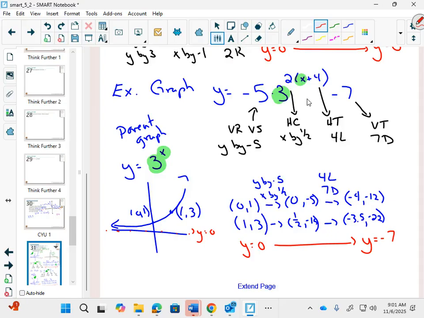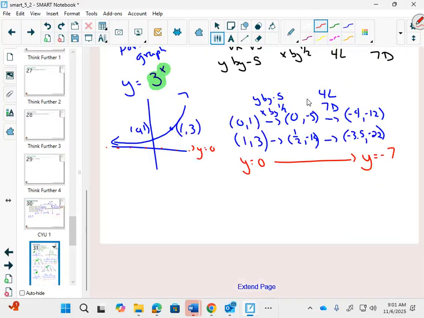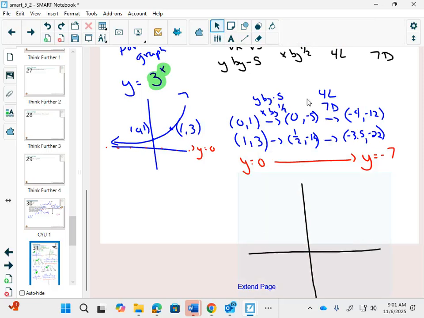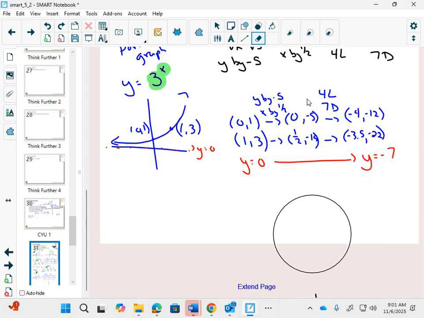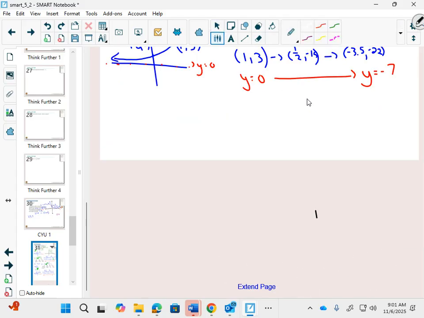So when we go to graph this one, actually, I'm going to cheat a little bit here. I just looked at my numbers. There are a bunch of big negative y values, so I'm going to make my axes more like that. First of all, I'll start with my asymptote. It's at y equals -7.